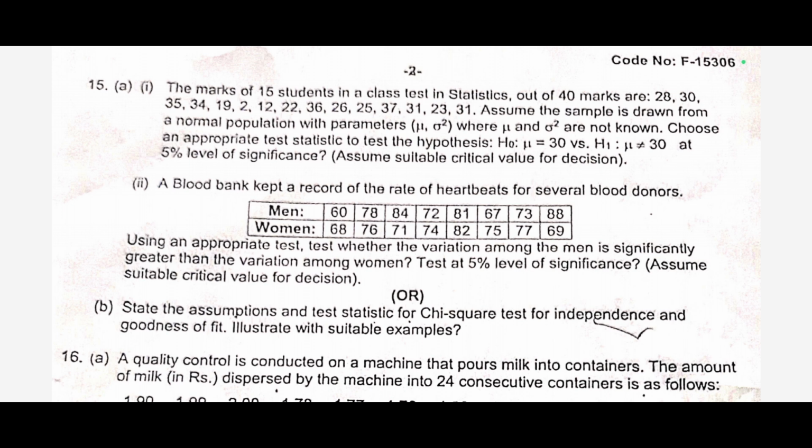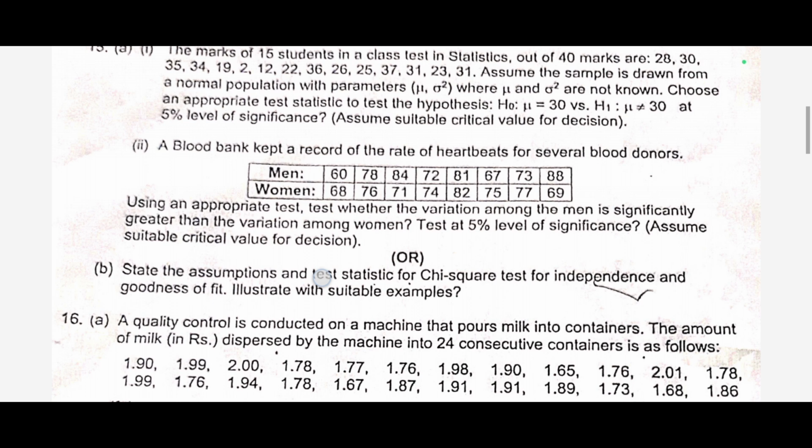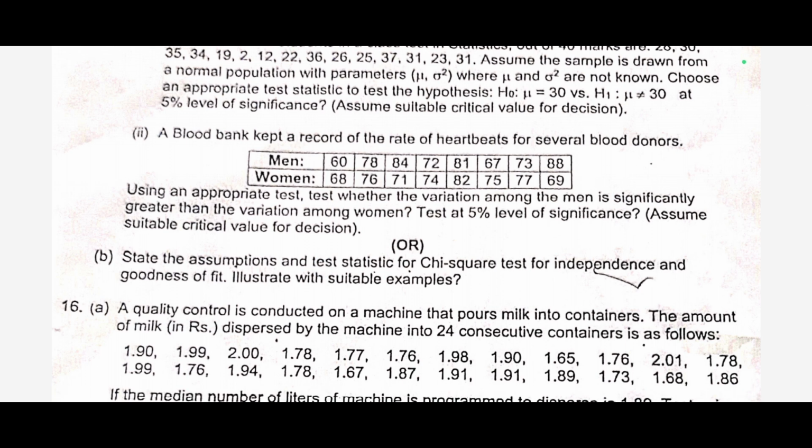Question 15a, and in the DA also you have to test for a single mean. They asked the question here, and given the data, you have to calculate the mean for the given data, and also you have to test. Next, blood donors question.